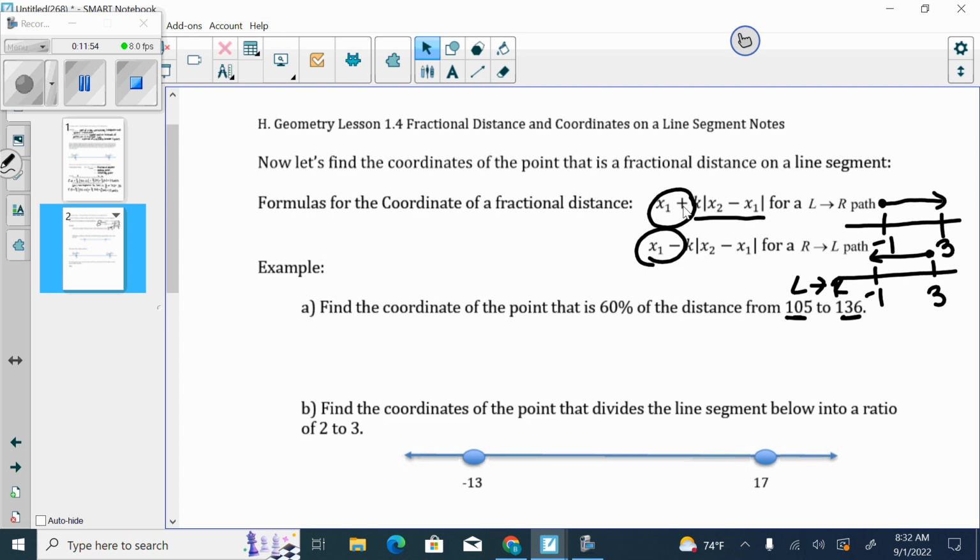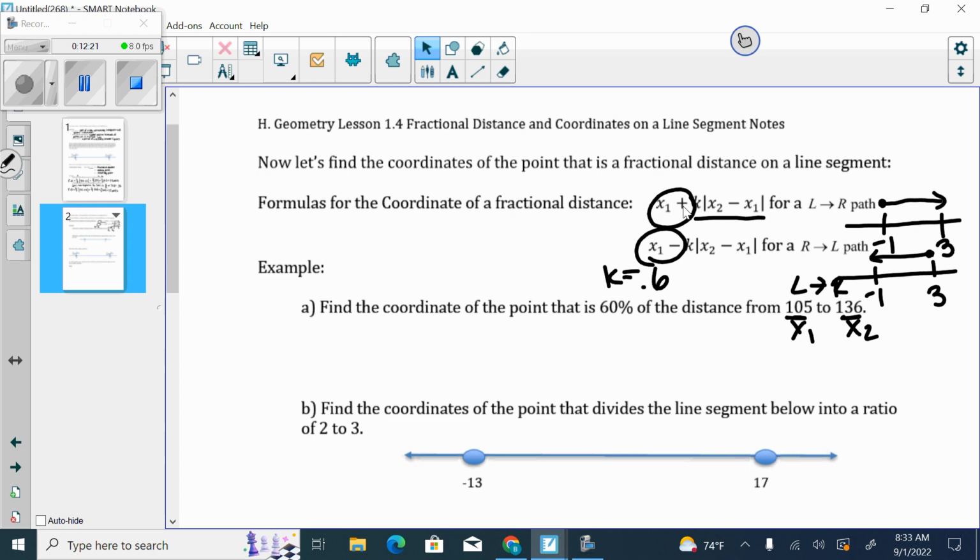So which one's x1, which one's x2? Very good. Make this one our x2, and then this 60% is our k, right? And I need to rewrite that as a fraction or a decimal. What is 60% as a decimal? Good. All right, so now we know all of the values that we need to plug in.